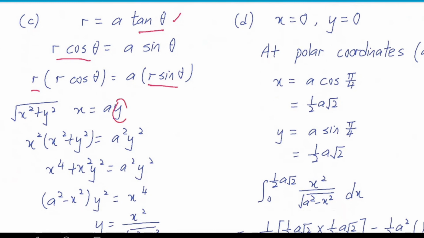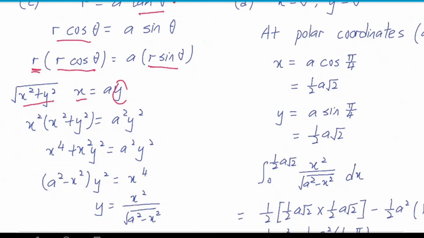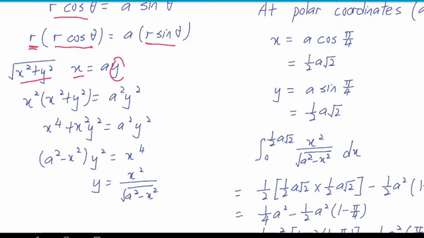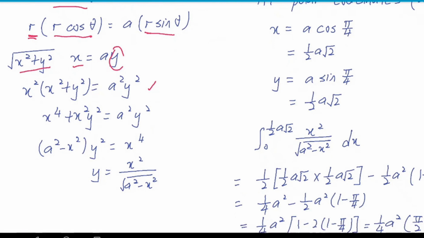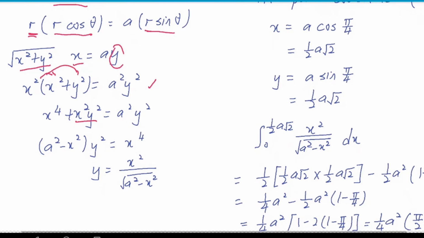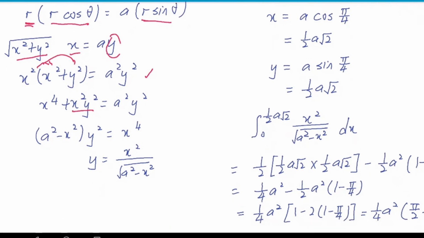The r cos theta we keep as x. The r here, we keep as the square root of x squared plus y squared. Then we square both sides. So when we square both sides, this is what we get. Now we try to make y the subject. So we expand the x squared. We have got something in terms of y as well. Now we make y the subject. Following that, we will get this Cartesian equation here.